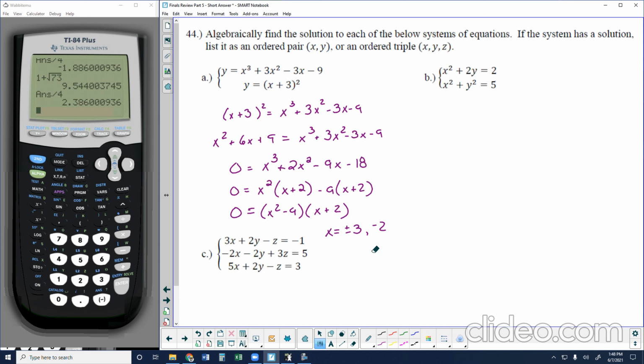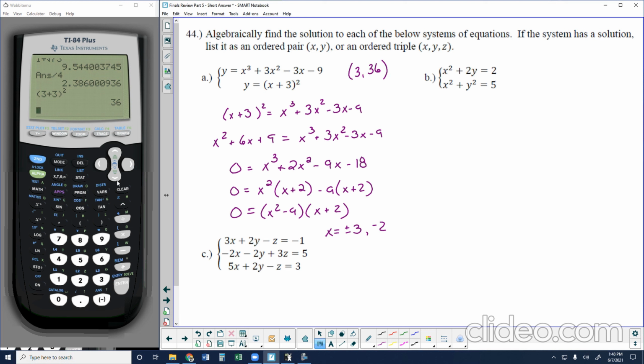Now, it wanted me to list my answers as an ordered pair, so I need to go back and find the corresponding y value. So I can take either one of these two equations and substitute back in the x value. So in this first instance, x is positive 3. Positive 3 plus 3 squared would give me 36. So one of my solutions would be 3, 36.